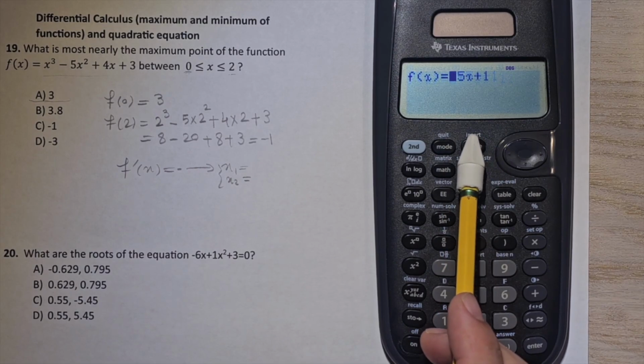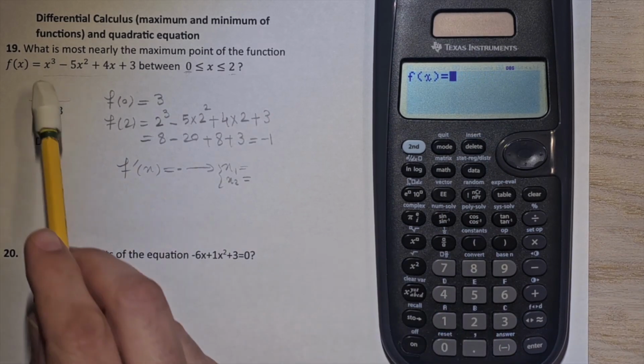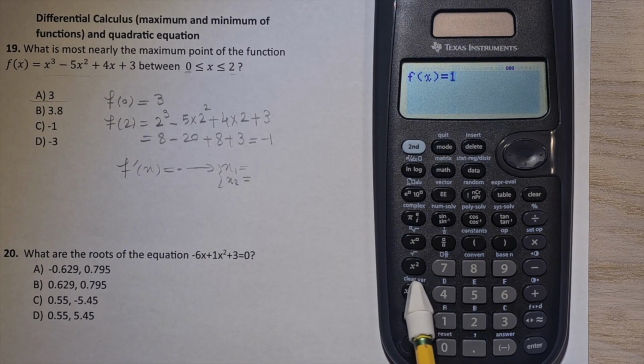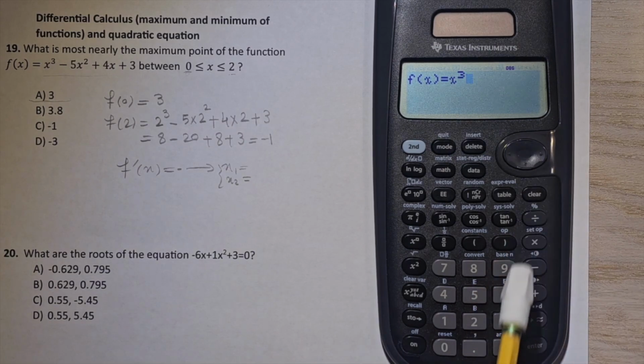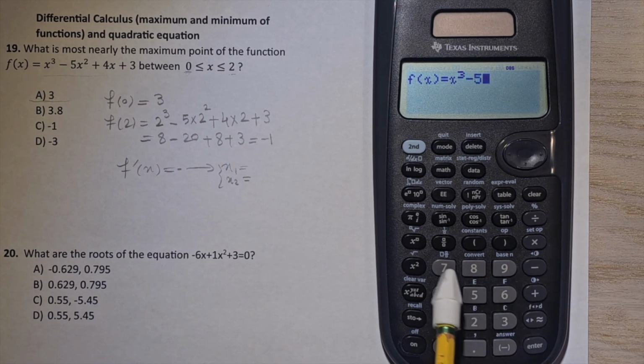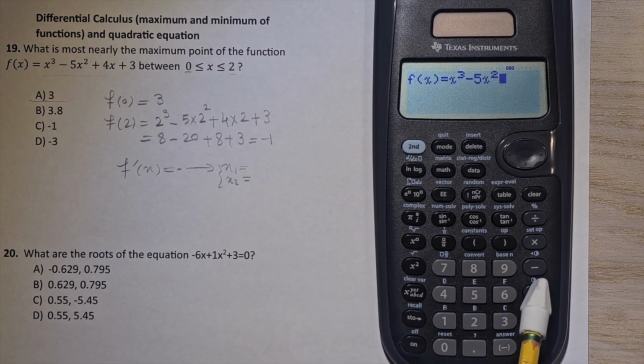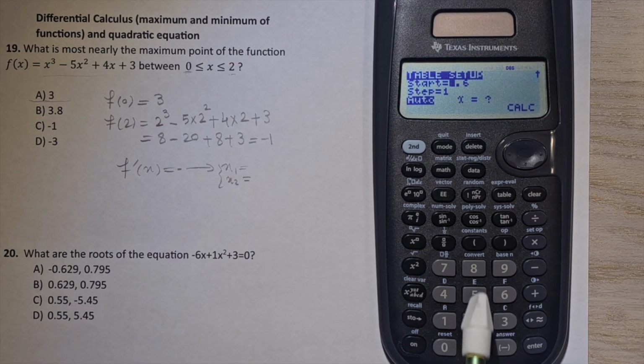I can delete it and put in the new one, as you can see here, x to the power of 3 minus 5x cubed plus 5x plus 3. Enter.